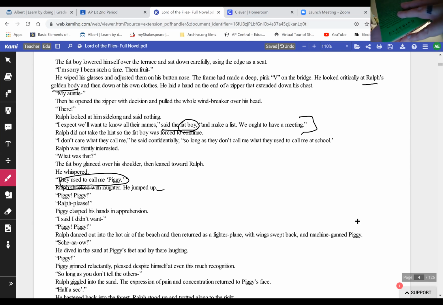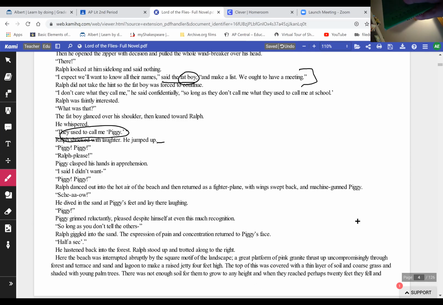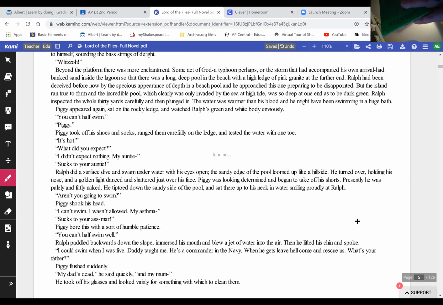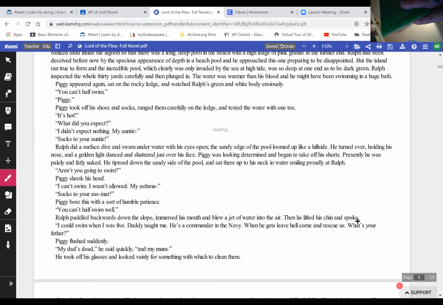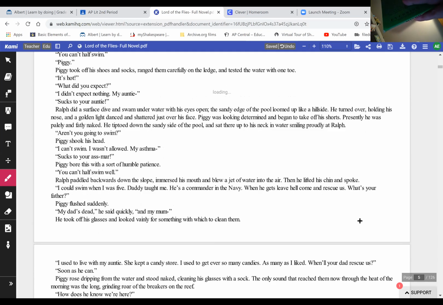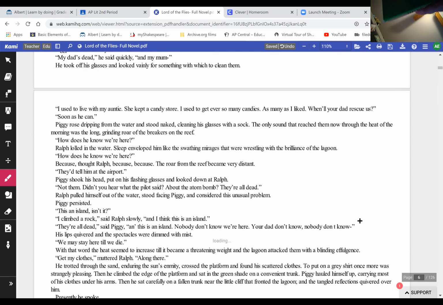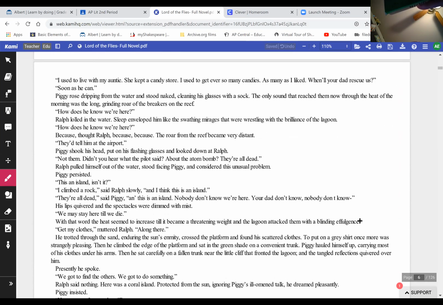So I am going to jump a little bit here. We get the whole thing with why he's probably not in the best shape, about his aunt owning a candy store.